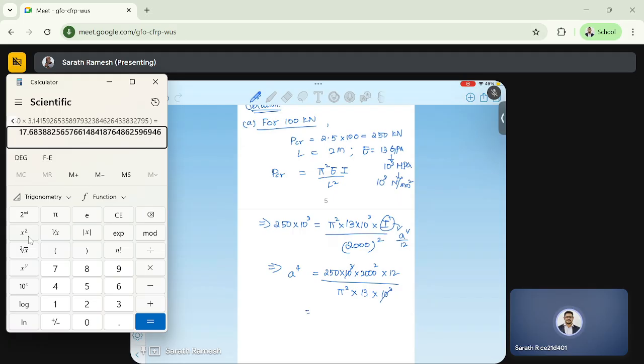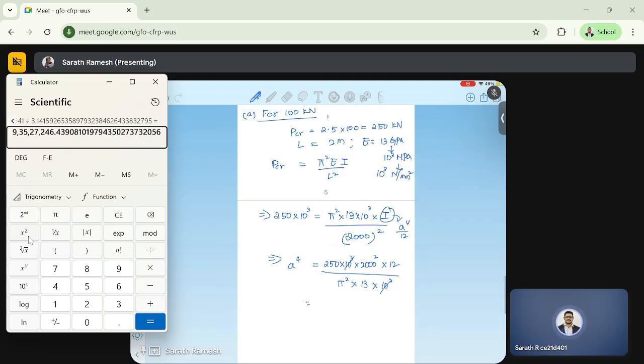So for the remaining things, let's use the calculator. 250 times 12 times 2000 square divided by 13 by pi square, the whole power 1 by 4.